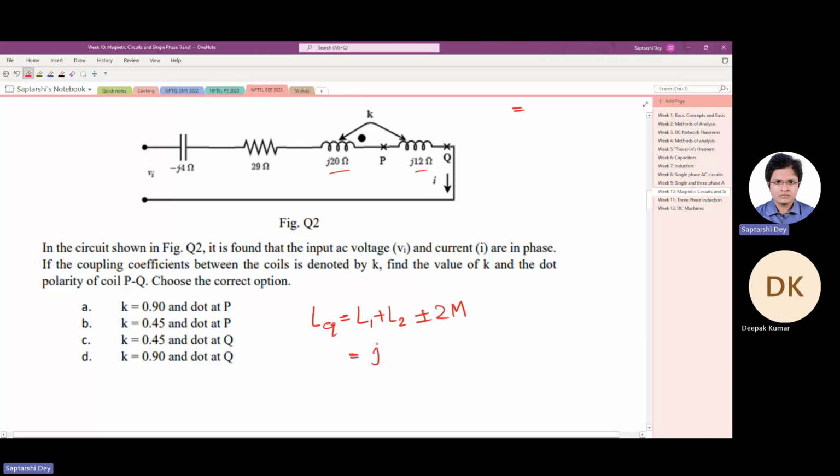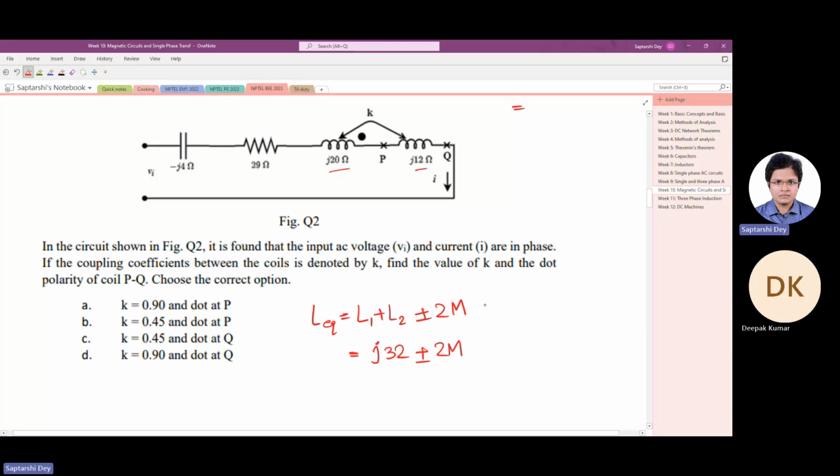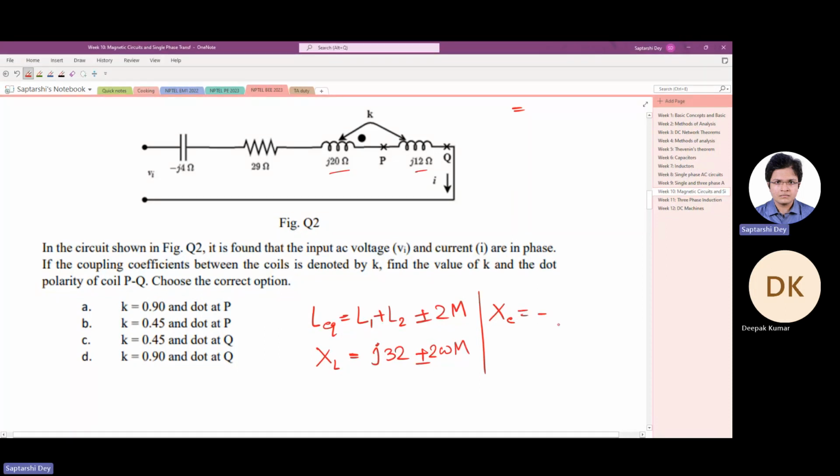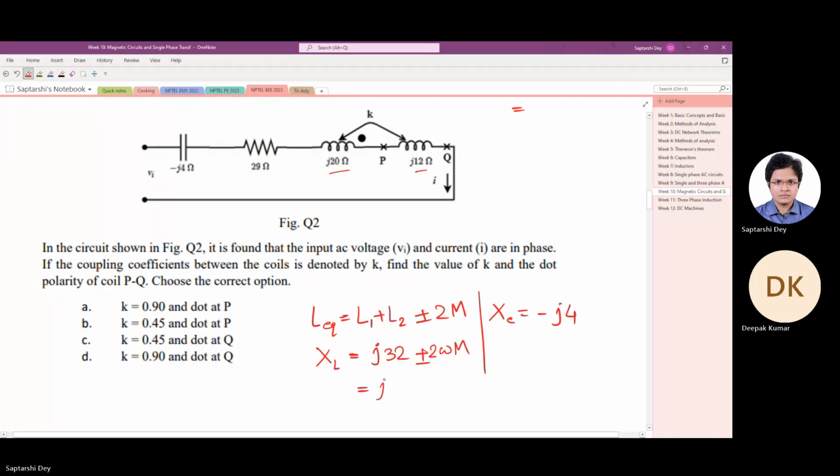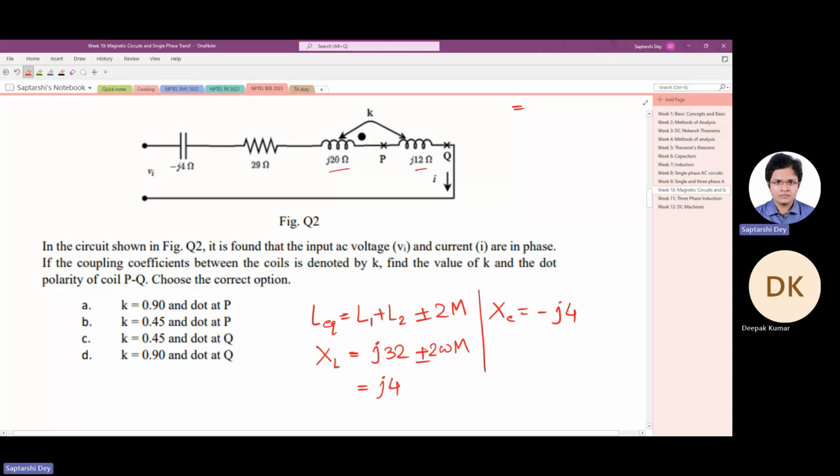So J32 plus minus 2 omega M. On the other hand, XC is minus J4. So definitely we have to have a J4 here, then only we can have resonance in this circuit.